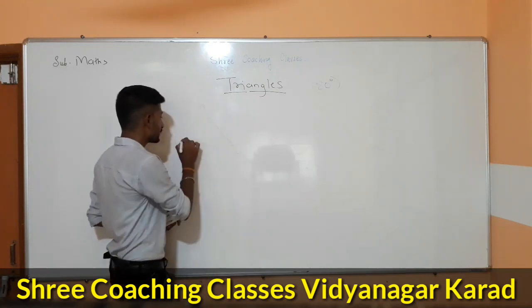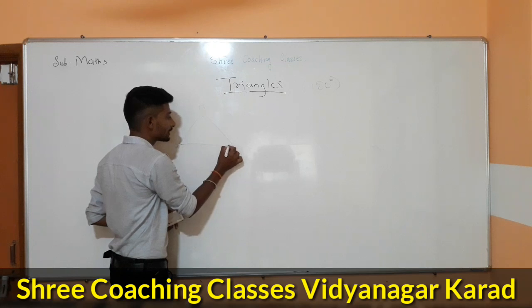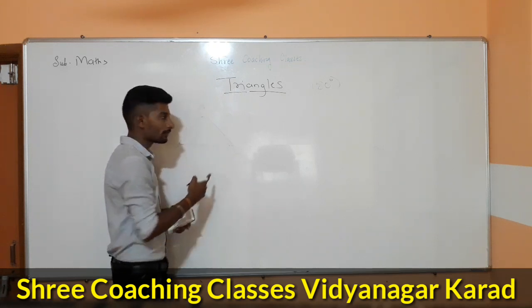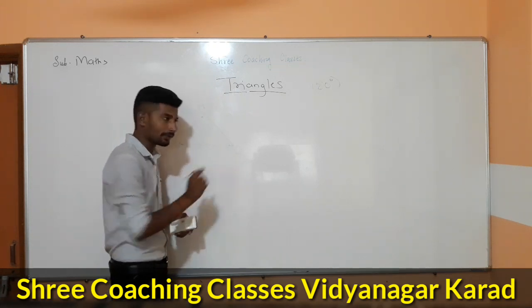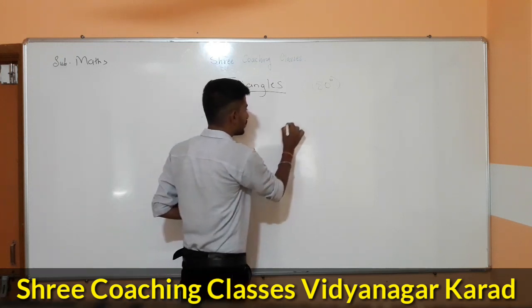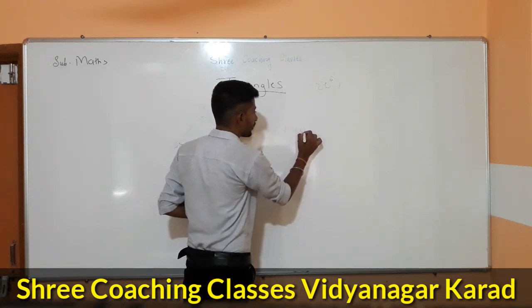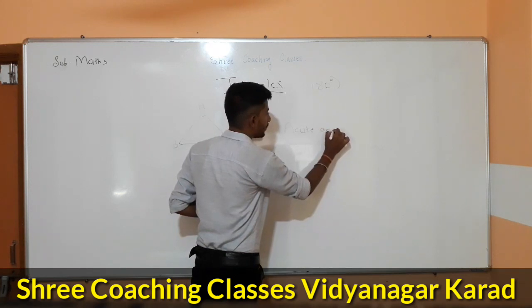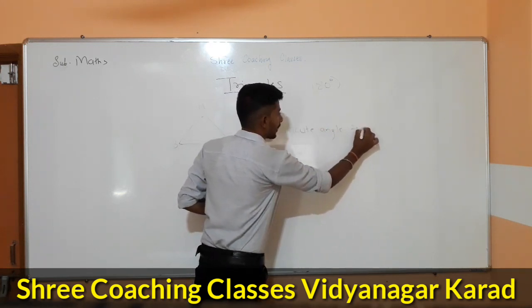In this we can see that all the angles are less than 90 degree, means all these angles are acute angles. Therefore we call it acute angle triangle.